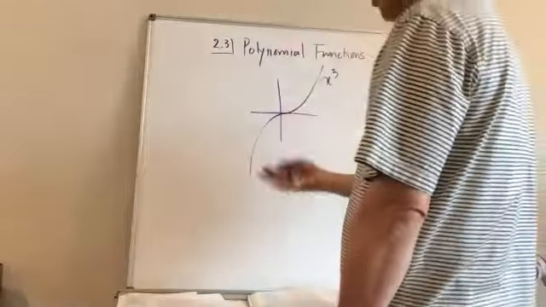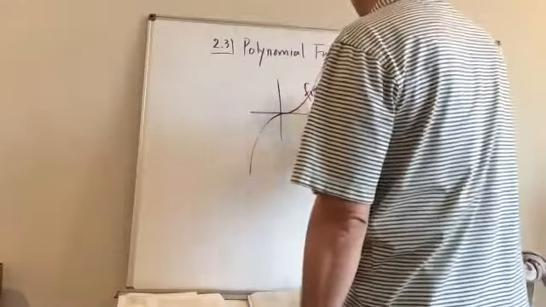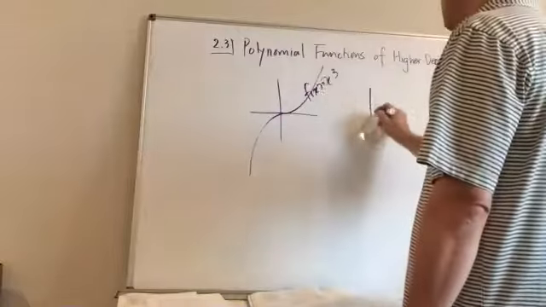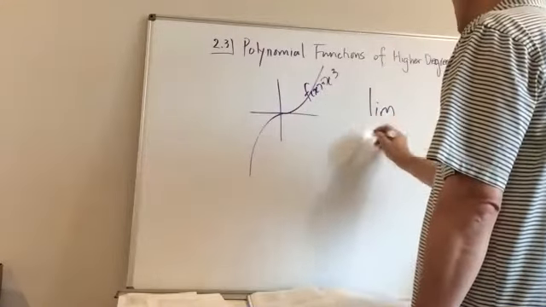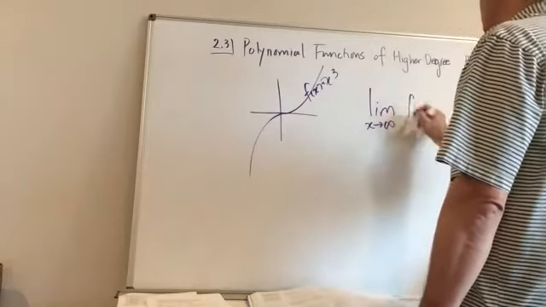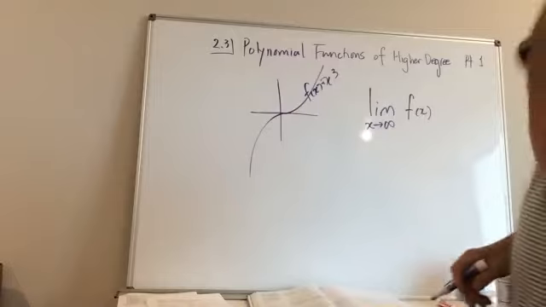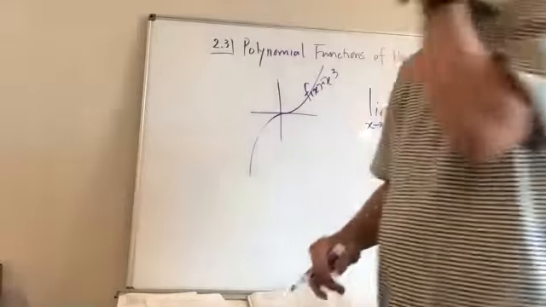And in denoting that, so if this was f of x, we denote that as saying limit as x goes to positive infinity, f of x, okay? So I'm sure this is the first time you guys are seeing limits.